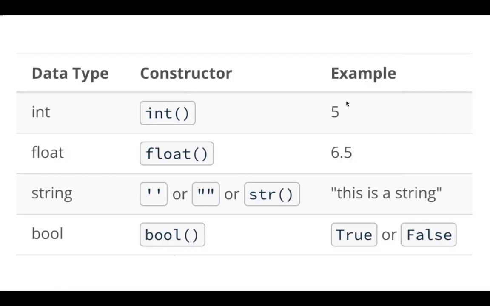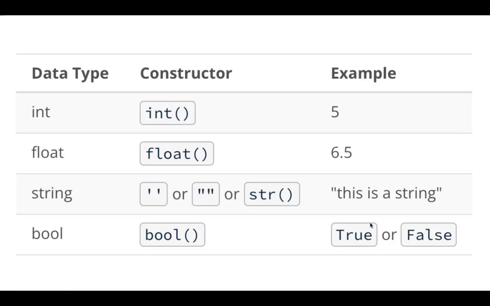For integers and floats, maybe you know that an integer is a rounded number, right? And a float has a decimal point. Strings are characters or any words or sentences, usually wrapped by single or double quotes.